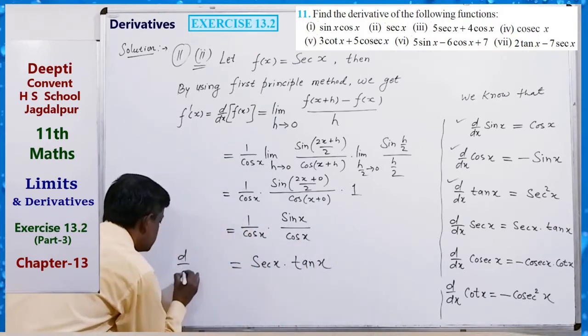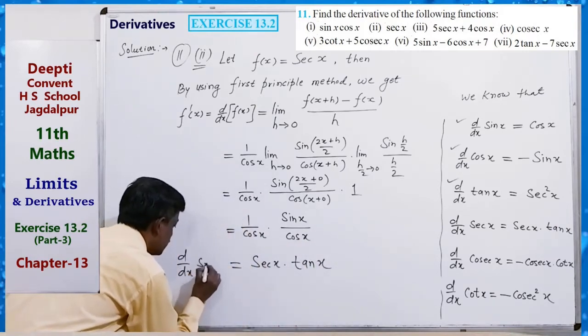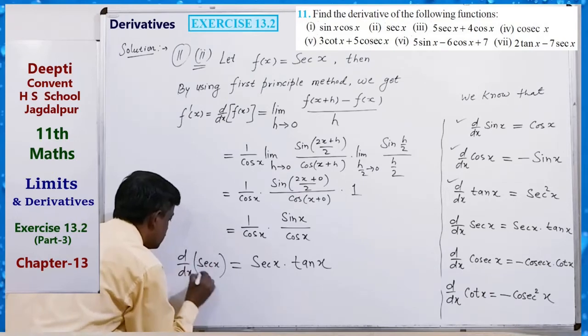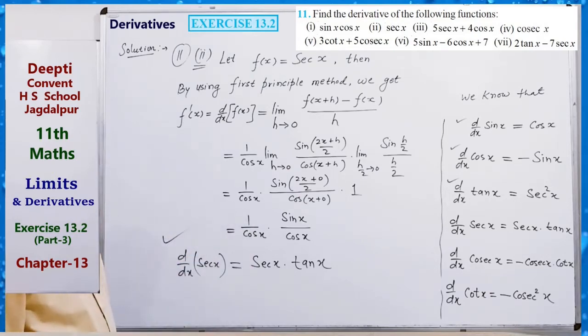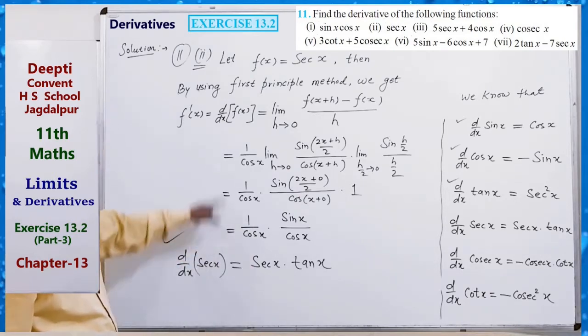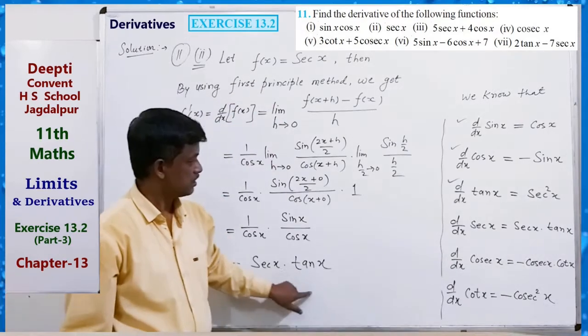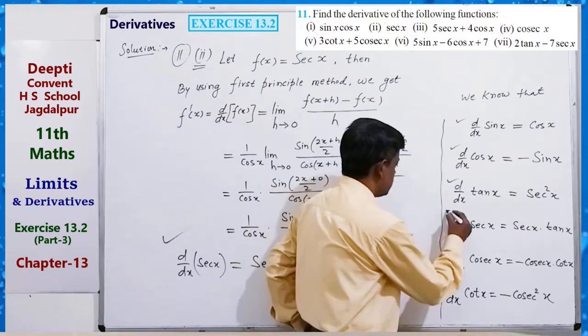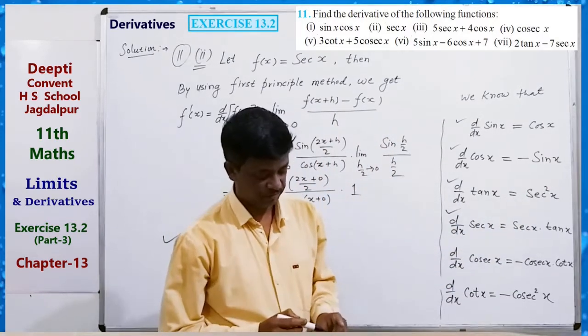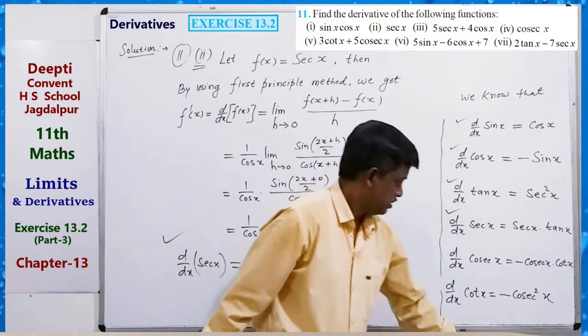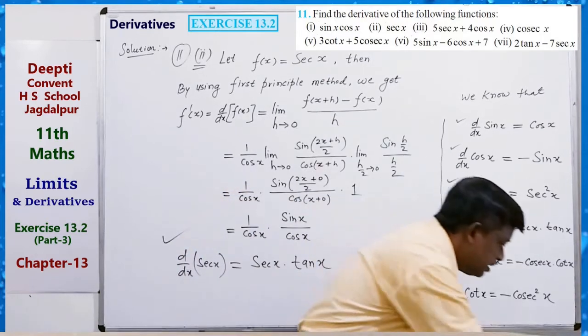So dy dx of sec x is this. This is the formula. Sec x, dy dx fx means sec x. Derivative of sec x is sec x into tan x. So this is second question. Okay. Now question third.